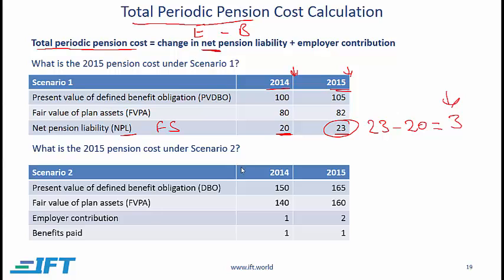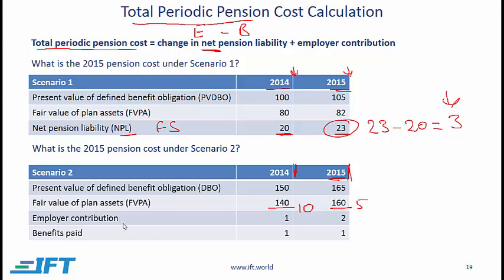Here is another scenario where we've not been given the funded status. So we need to calculate the pension obligation at the start of the year. So we are taking 2015 again. So at the start of 2015, the net pension liability is 10, and at the end of the year the net pension liability is 5.